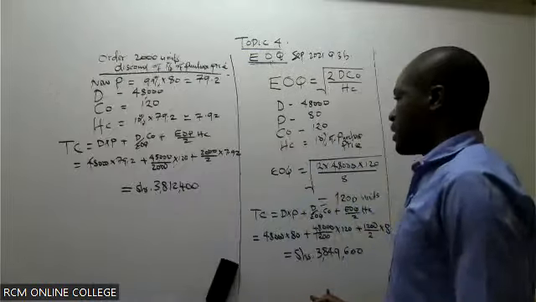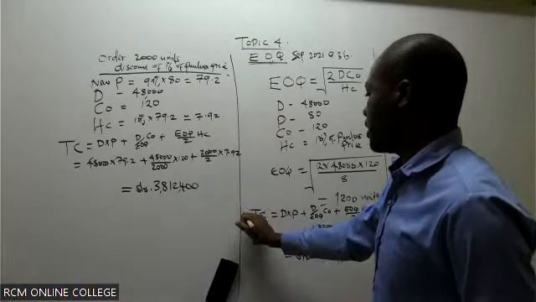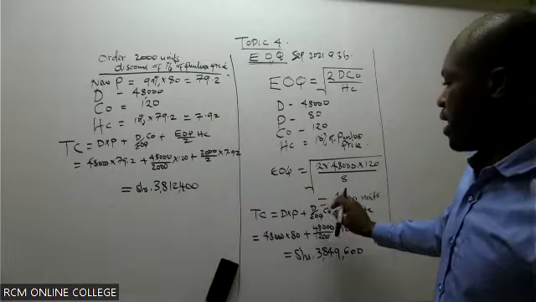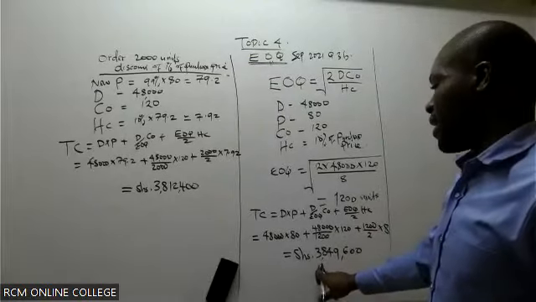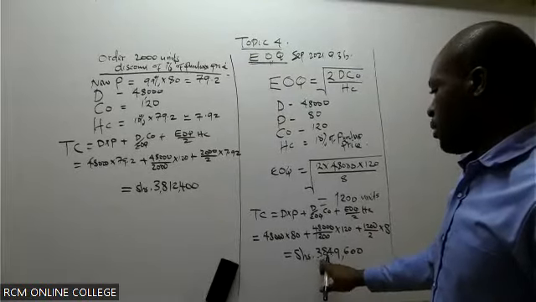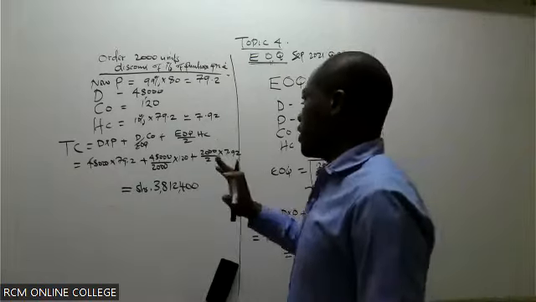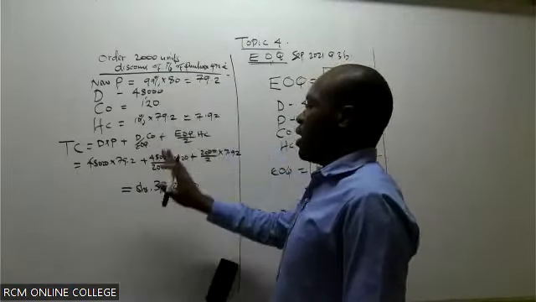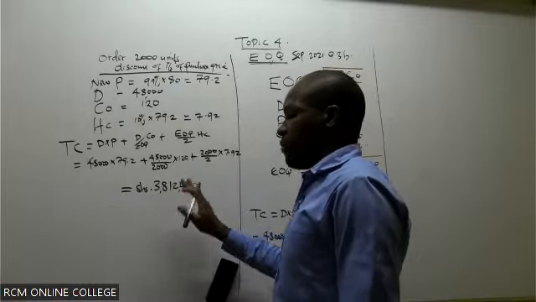So having done that, remember from this part here we are dealing with the 1, 2. They wanted you to compare. When you order this economic order quantity of 1,200 units, this is the cost you are incurring, 3,849,600. When you increase the quantity to 2,000 by accepting this discount, you are going to incur a total cost of 3,812,400.